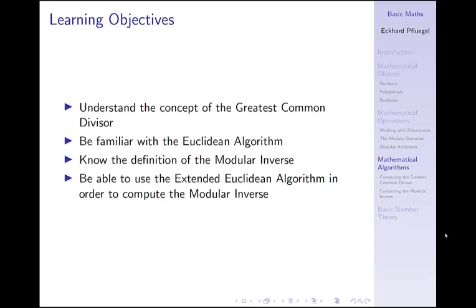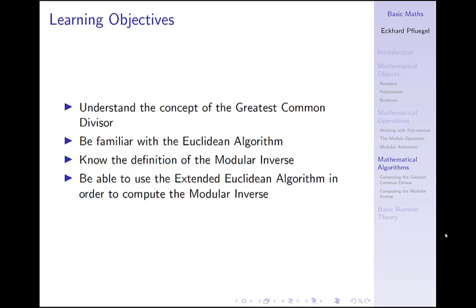So you can see the learning objectives then. First of all, to understand the concept of the GCD, the greatest common divisor, and then to be familiar with what we call the Euclidean algorithm. This is a very old algorithm, and it can be used to compute the GCD.